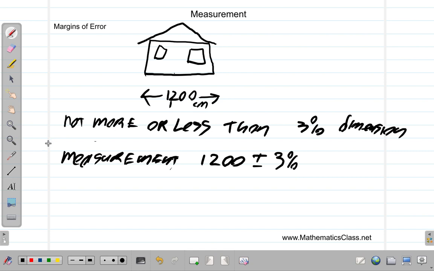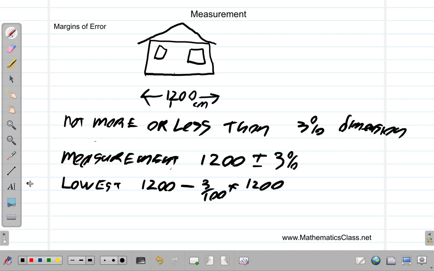So, in this case, the lowest measurement on the low end is 1200 centimeters minus 3% of 1200. You see that?